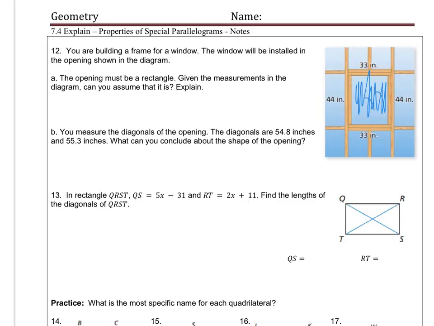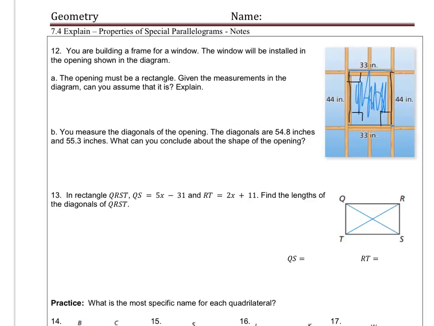So with what they've given me, let's see what we have. This edge is 33 and this edge is 33. Then we have our edge that I'm going to shade in black. This edge is 44 and this edge is 44. So we have our opposite sides congruent. We're assuming that we have right angles being built.